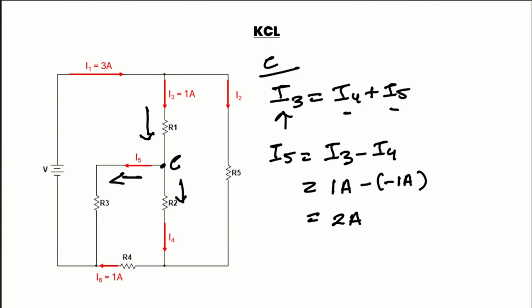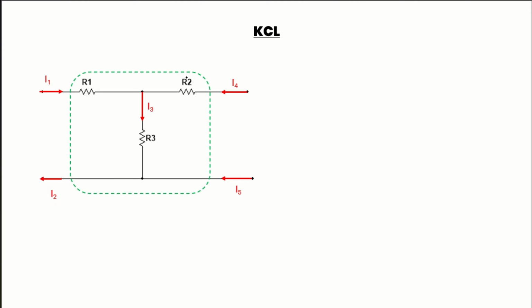Now let's try to apply KCL to a network. If you consider a network instead of a junction, according to KCL, we can also say that in a network, the current coming into the network should be equal to the current going out from the network.